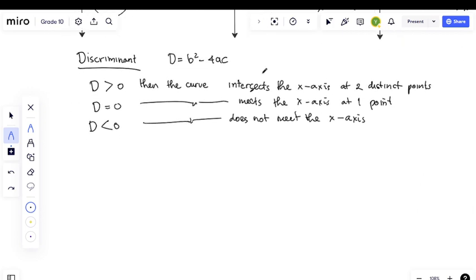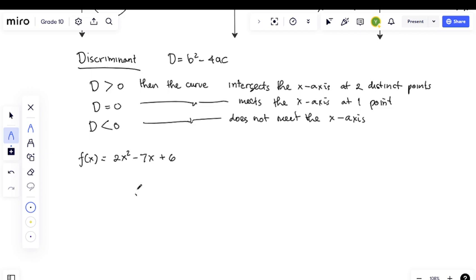So let's move to the example. For example, I have f(x) it's 2x squared minus 7x plus 6. For example, like this. I want to know without drawing.